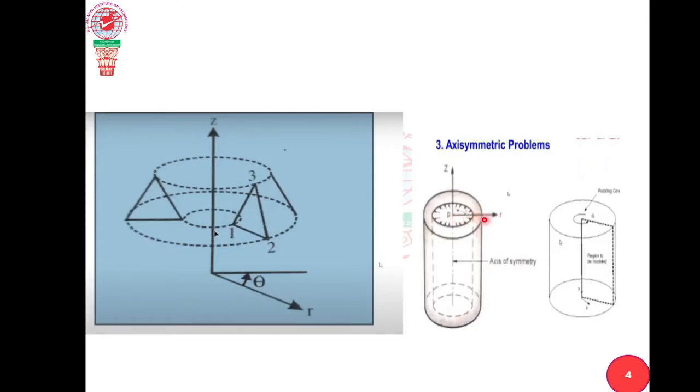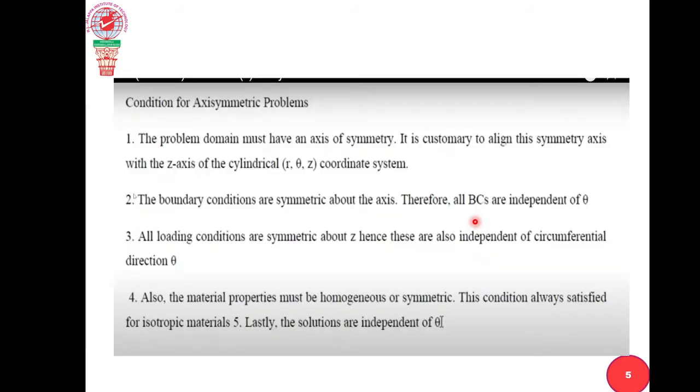With respect to r, it is always the radial direction. Z is the length, meaning the height, the length of that barrel. And theta is along the circumferential direction. Therefore, the variation along the circumferential direction we treat as 0. That's why it becomes a 2D analysis.